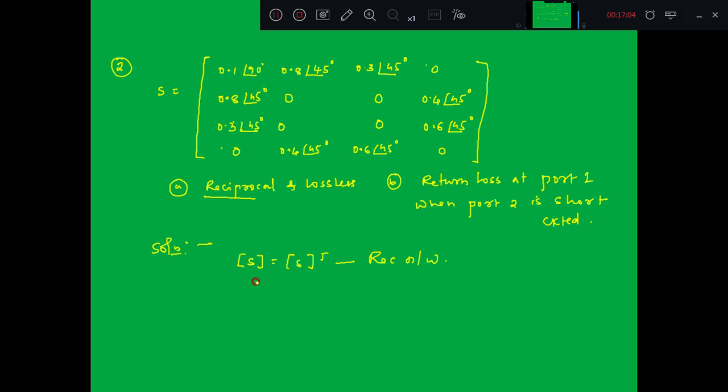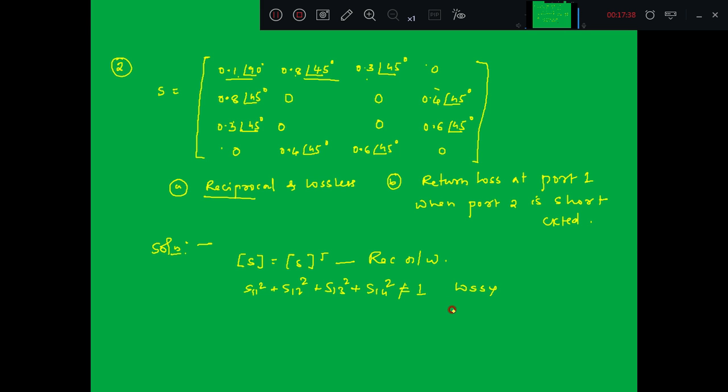The second is if the sum of the squared magnitudes of all the elements of the first row, that is 0.1 square plus 0.8 square plus 0.3 square plus 0, so S11 square plus S12 square plus S13 square plus S14 square, is equal to 1, then the network is lossless. If it is not equal to 1, then the network is lossy.